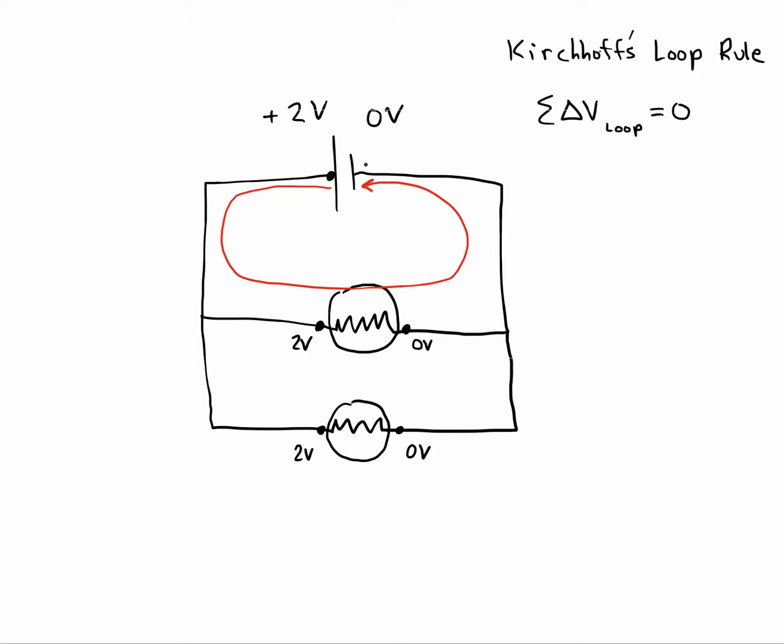So we gain potential when going through the battery. Okay? So there's a plus 2 volts there, when we go through that part. Then we have to lose 2 volts in our light bulb. And then we come back to 0. So the same rule holds, though, for this loop.